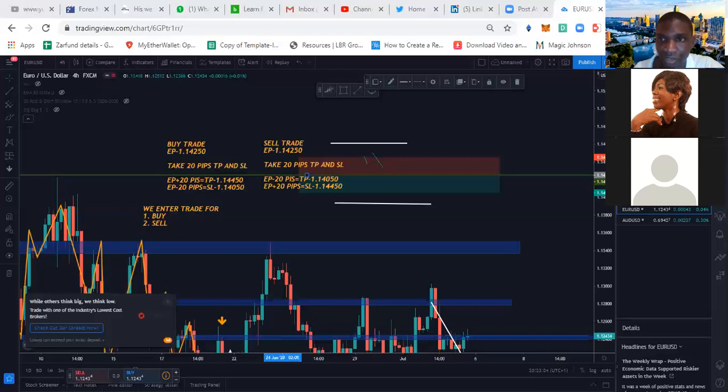Just identify charts that have tops and bottoms like this. It may not go up with the next candle. We're talking about direction, so the price will go up generally. If the red candle came after the green candle, you know that price is going to come down.